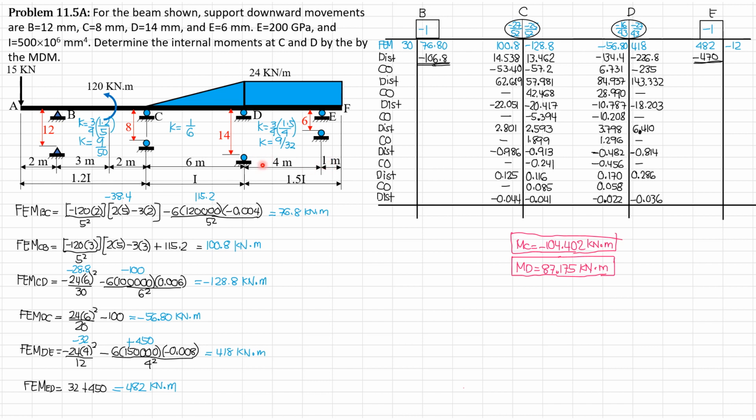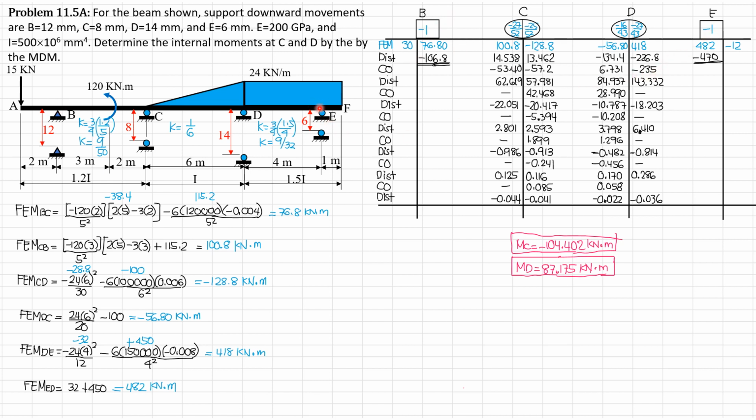So that's why the stiffness is modified by multiplying 3/4. So 3/4 of, since I is 1.5 I, so 1.5 divided by L, for 9 over 32. So that is distribution factor, therefore, because this is the end support B, there's only one member, it is -1 by experience also.